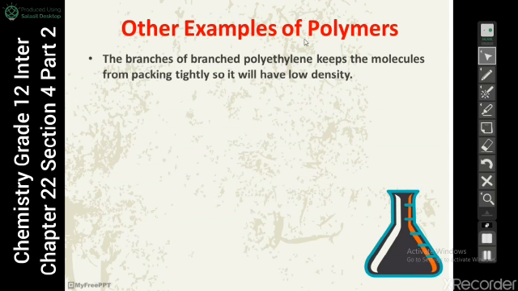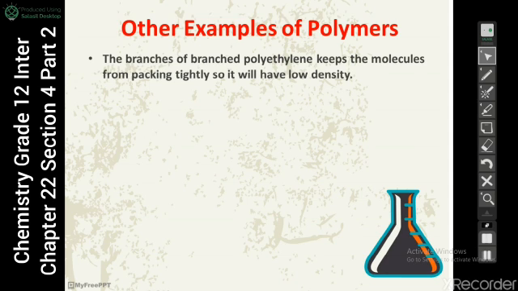Another example of polyethylene polymer is the branched polyethylene. It's a long chain of polyethylene, but it has branches. The branches of branched polyethylene keep the molecule from packing tightly.